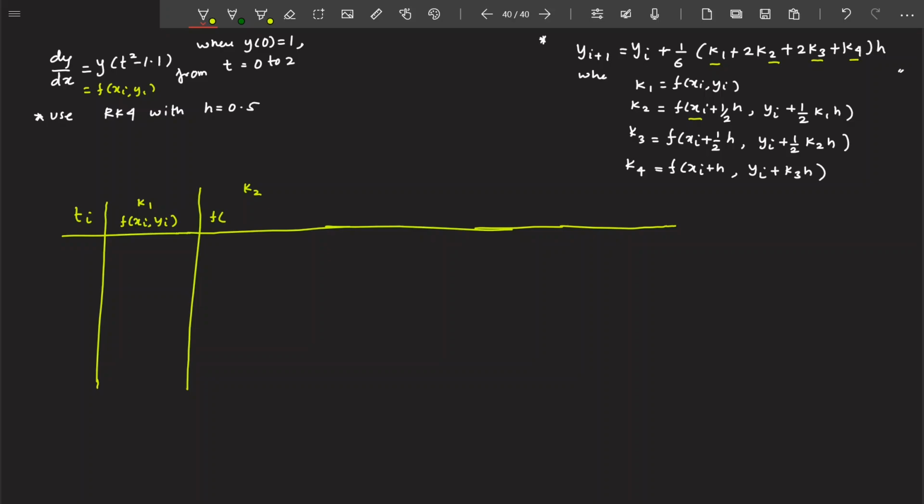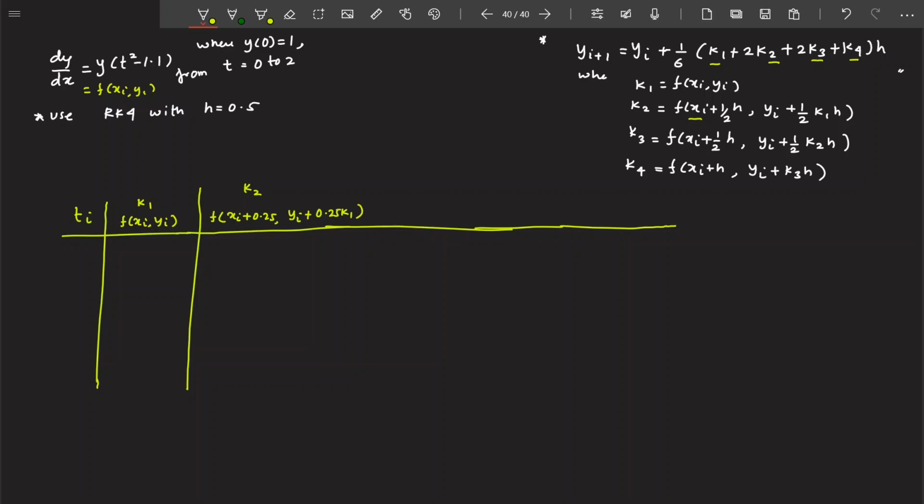The value of h here is 0.5, so half of 0.5 is 0.25. So you write xi plus 0.25 comma yi plus 0.25 k1. So this is the value of k2.